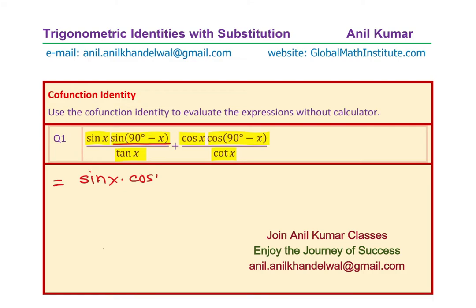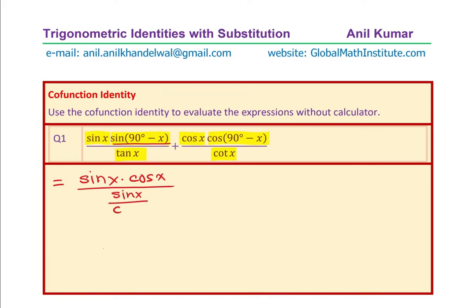Using the cofunction identity, over tan x, tan is sine x over cos x, plus cos x, cos of 90 minus x is sine x, over cotangent x, which is cos x over sine x. Perfect.